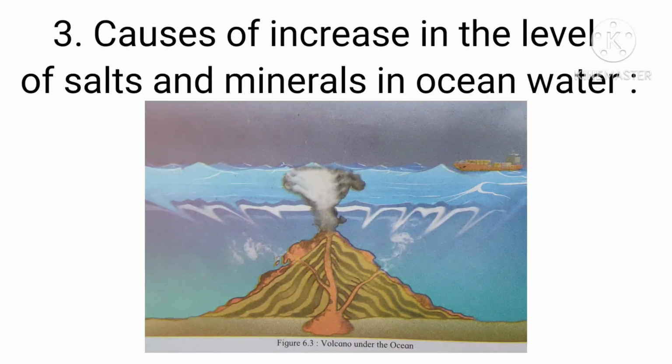Volcanic eruptions taking place in oceans result in adding of different minerals, ashes, salts and gases to the ocean water. Due to continuous evaporation of ocean water, the proportion of salt increases.